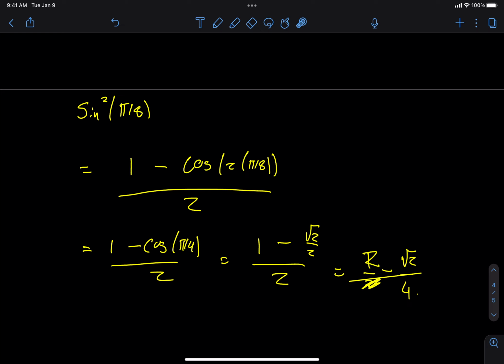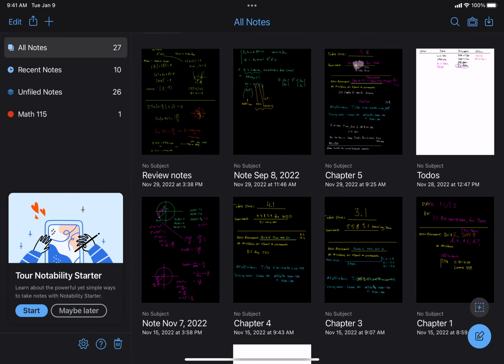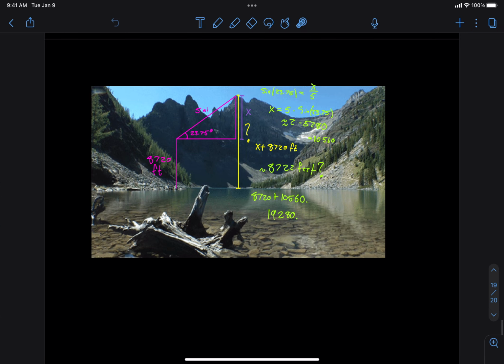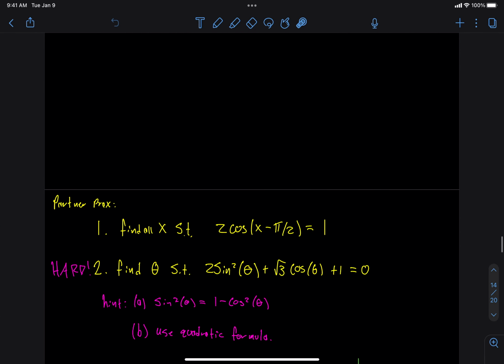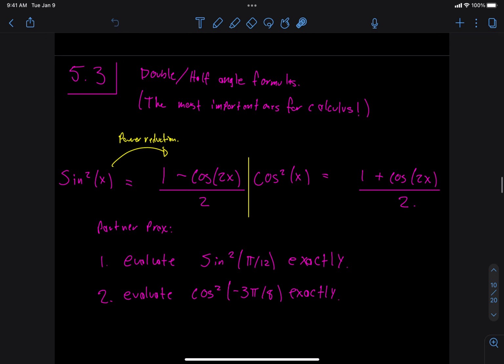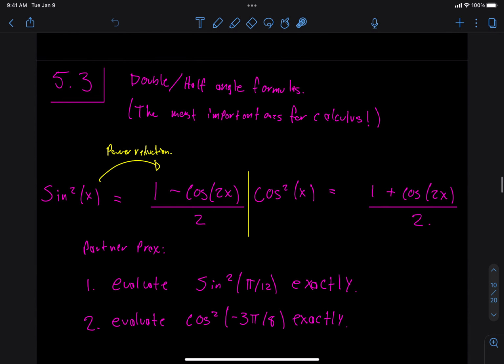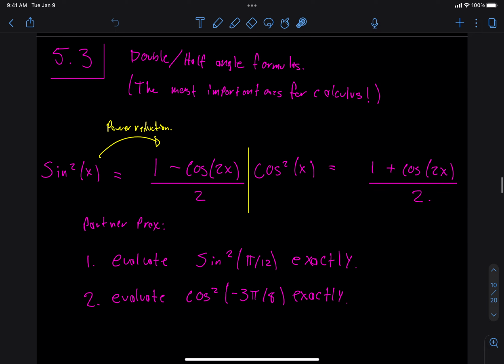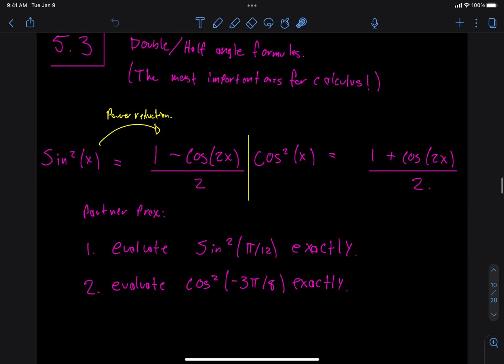I can never keep them straight which one it is in terms of the name. But this is one of the things we learned in class in 5.3. Let me see if I can find it. So this would have been on like maybe Monday of last week, double and half angle formulas. Oh, I need to catch up. Okay, so actually I didn't prove these in class.